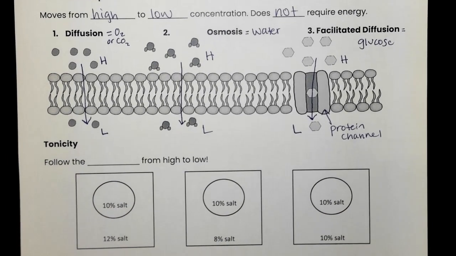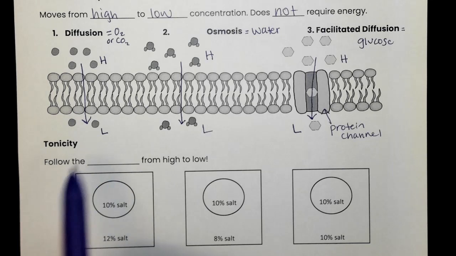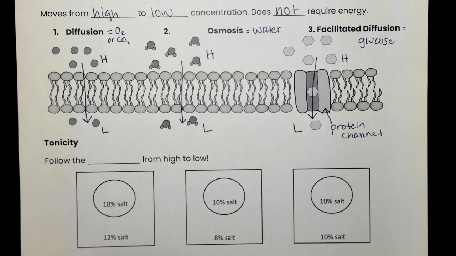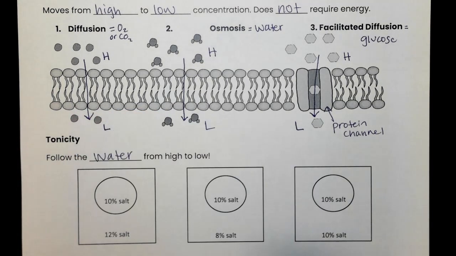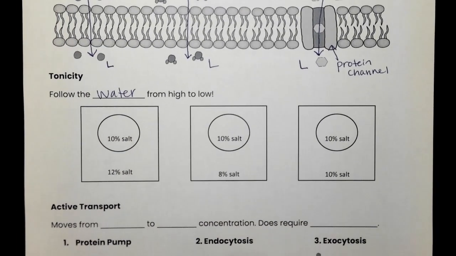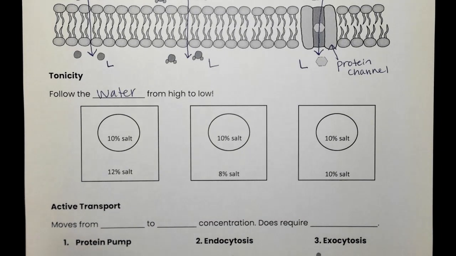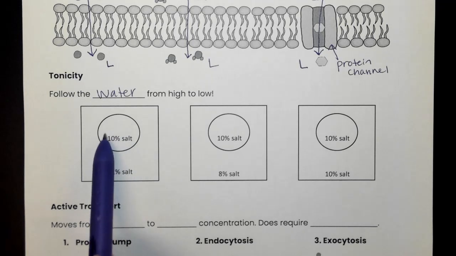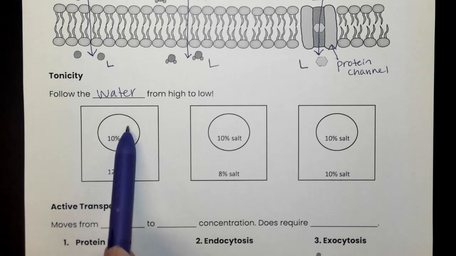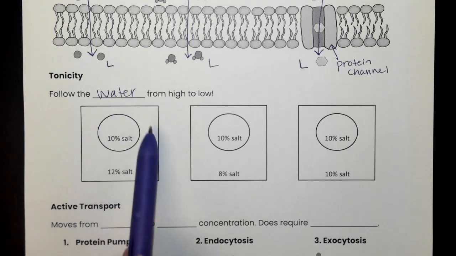Now with osmosis, we have another type of solutions called tonicity. And with tonicity, we follow the water from high to low. So a lot of times you'll see examples where you have a cell inside of a solution, and inside the cell has to be 100% solution, and outside the cell has to be 100% solution.